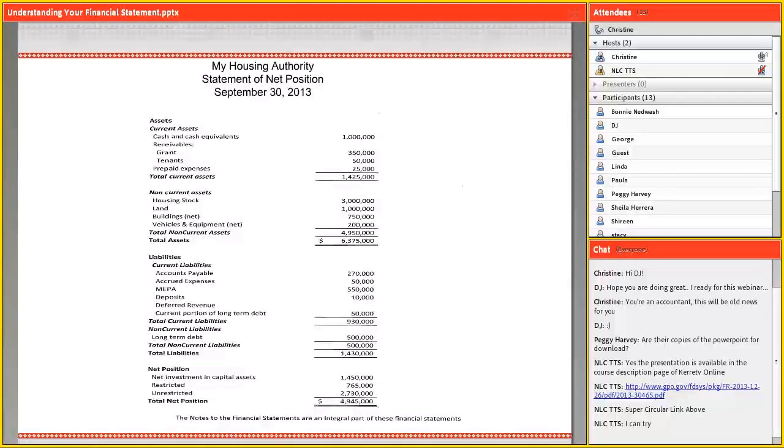Okay, now we're going to talk about non-current assets. Housing stock. Is everybody familiar with the term housing stock? Okay, I'm going to assume the answer is yes. Housing stock is basically an inventory type account because you own that.